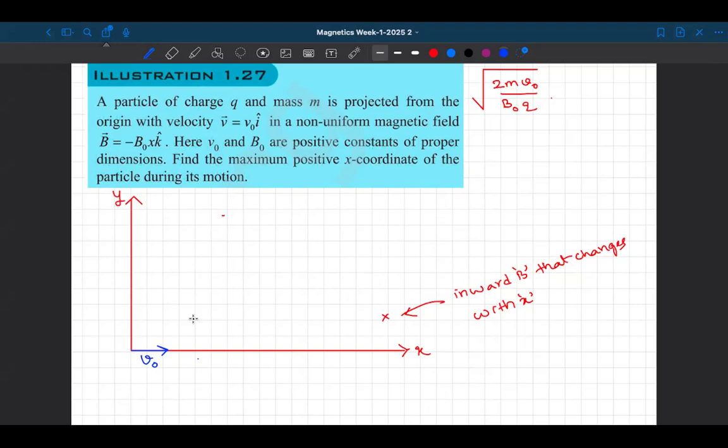But the problem here is, since B is changing, the nature is different at different points. For my convenience, I'm assuming something like this. But one thing is observable: its speed remains the same.